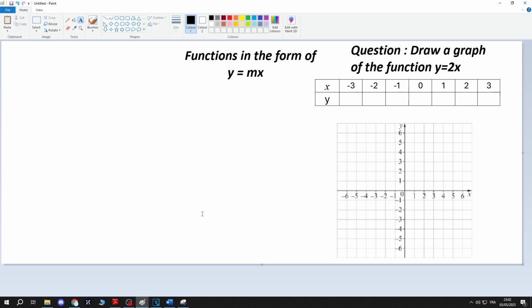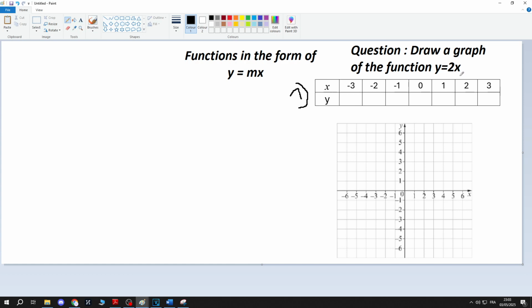So, as you may have seen, this is for functions in the form of y equals mx. And let's first start with a question that says, draw a graph of the function y equals 2x. Now you should become familiar with the steps we take to draw this graph. The first step would be to input different x values and to find what y is.